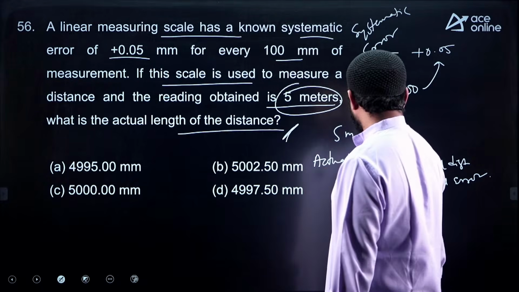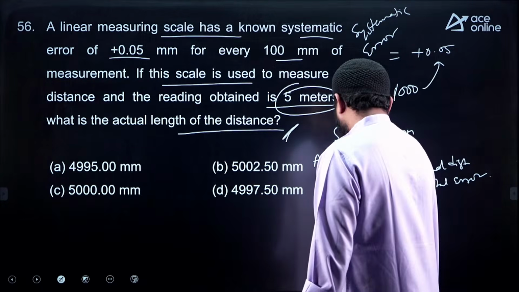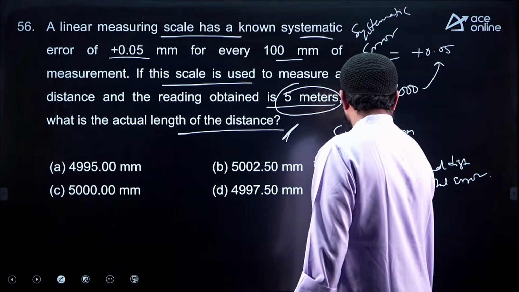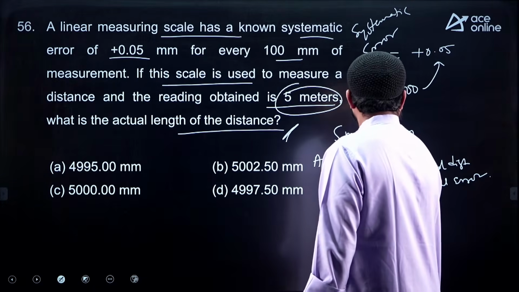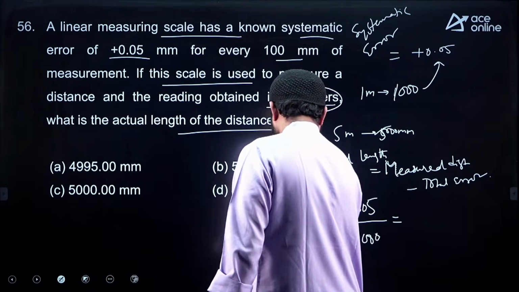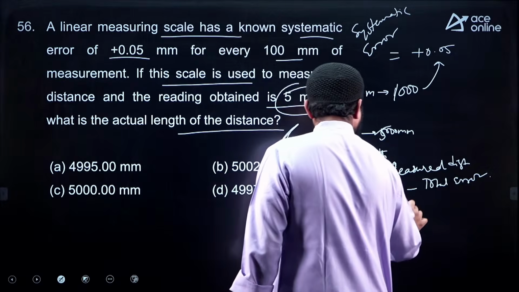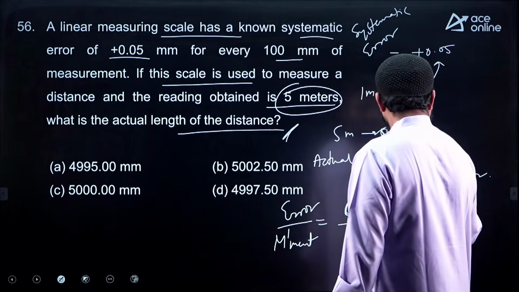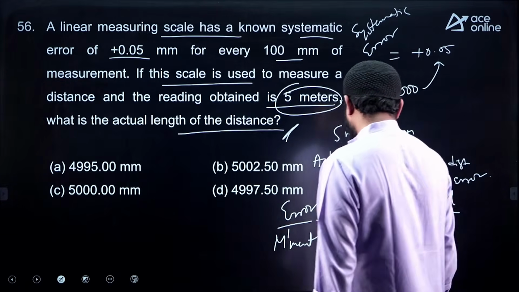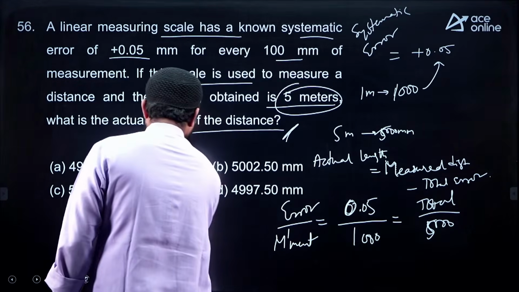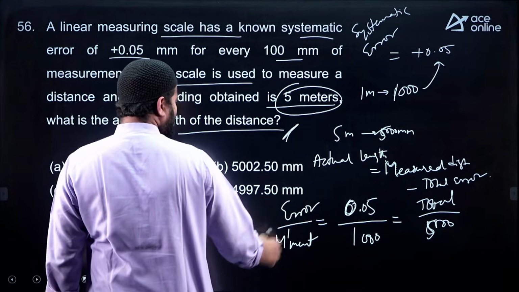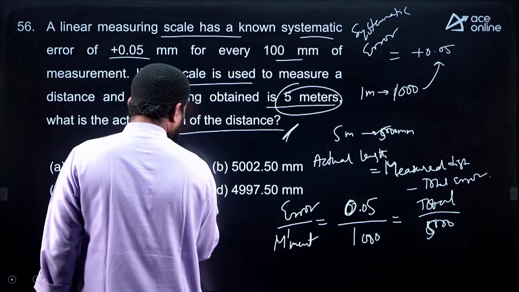So, if you are calculating the actual length, you will be getting 0.05 for 1000 mm. This will be the error versus measurement distance. So, that will be the total error by total distance, which is equal to 5000. So, based on this you will be getting the total error. Decimals are there, very simply you can calculate this value. So, you will be getting this total error as 2.5.